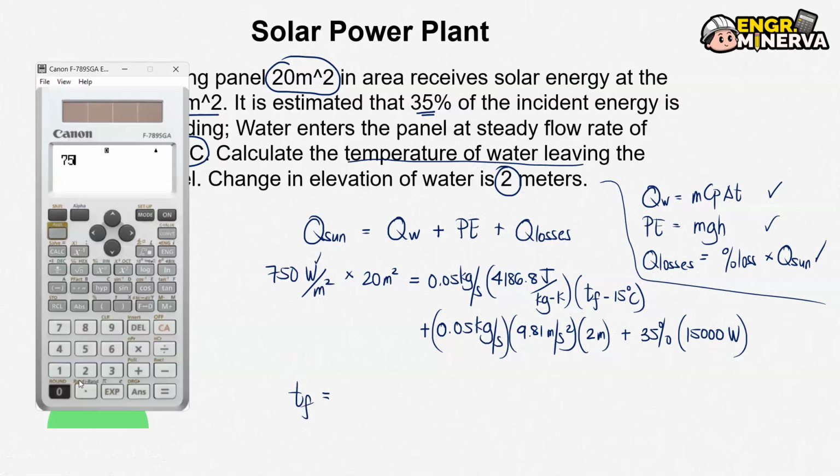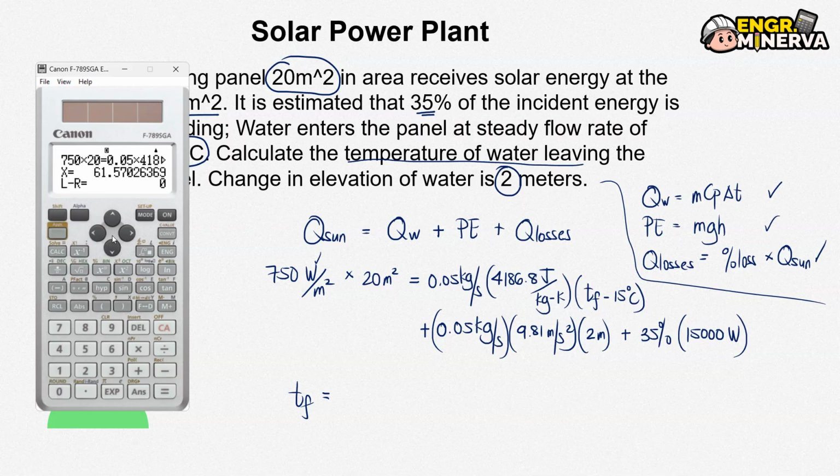So 750 times 20 equals 0.05 multiplied to 4186.8 multiplied to the final temperature minus 15, plus 0.05 multiplied to 9.81 multiplied to 2, which is the height, plus 35% of your 15,000.